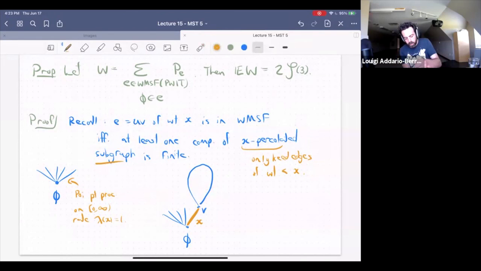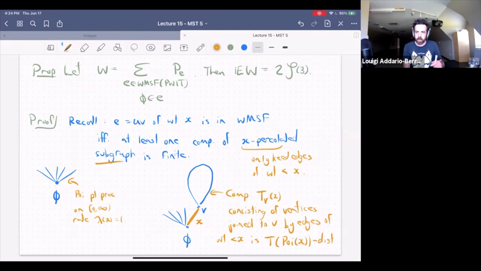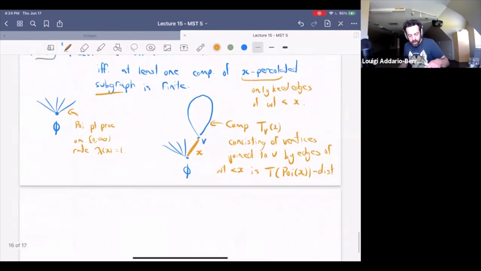So the subtree, the component, let me call it T_v^x, consisting of vertices joined to v by edges of weight less than x, is distributed as a Poisson x Galton-Watson tree.